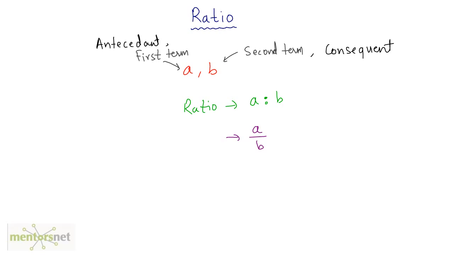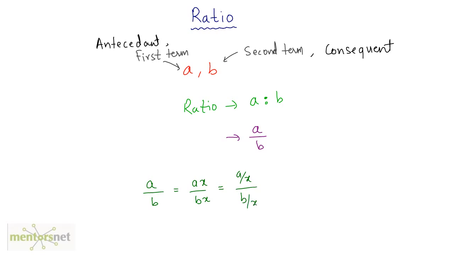Now there is a property of ratios. Let us assume that you have a ratio of a is to b. If you multiply or divide the same term to the first and the second terms, the ratio does not change. So this is equal to ax by bx, or it is equal to a by x divided by b by x.